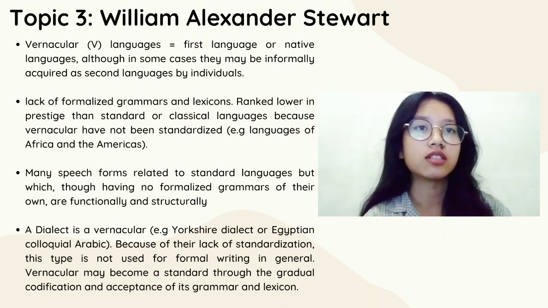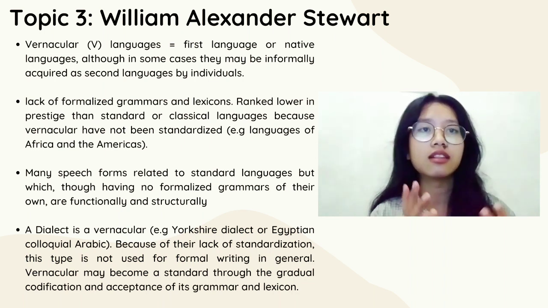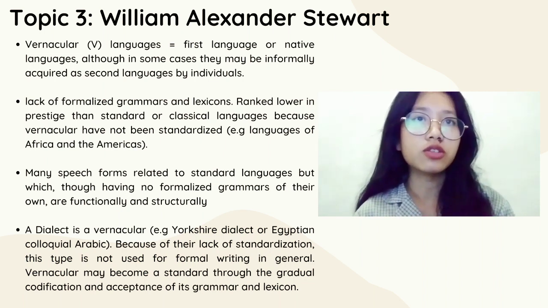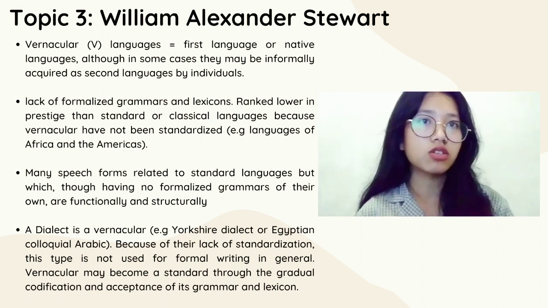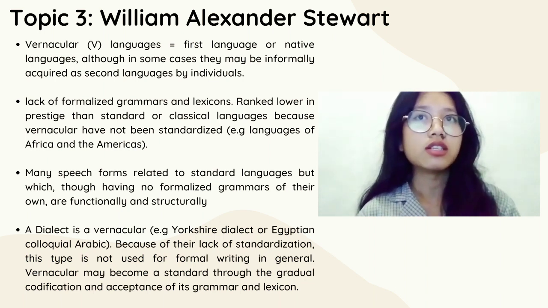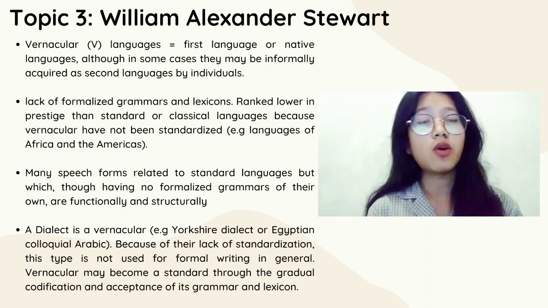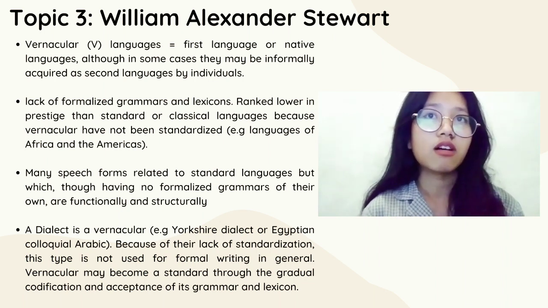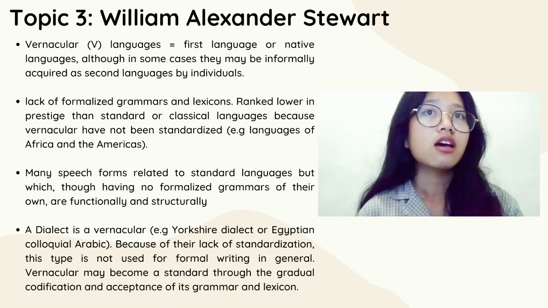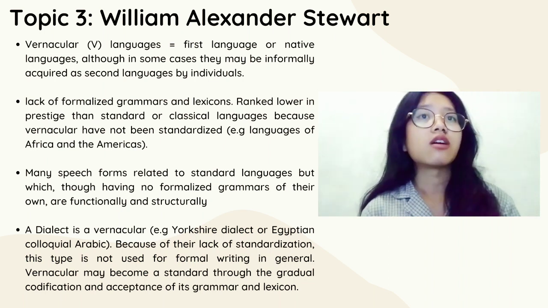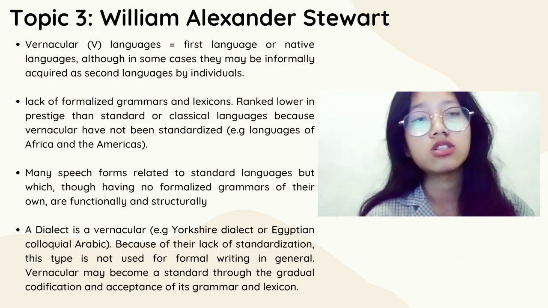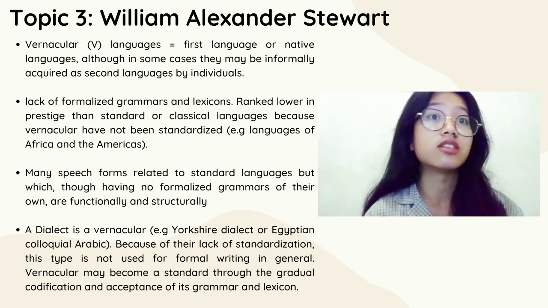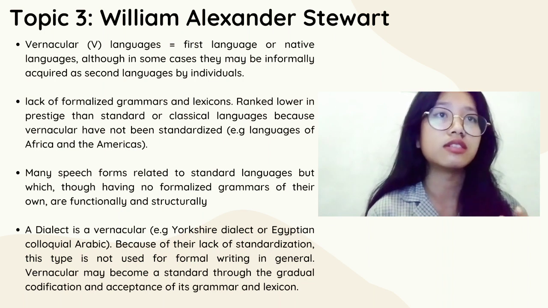Well, the next language type is vernacular languages, with the symbol V. Vernacular languages are usually learned as a first language or native language, although in some cases they may be informally acquired as a second language by individuals. Due to the lack of formalized grammars and lexicon, vernacular languages are almost always ranked lower in prestige than standard or classical languages, because vernaculars in general have not been standardized.